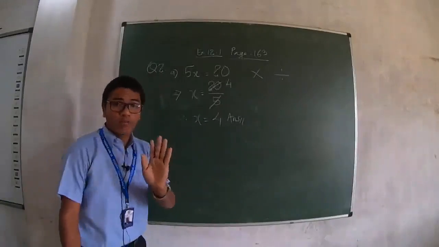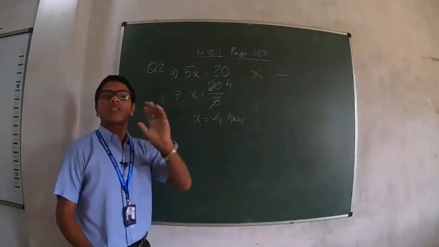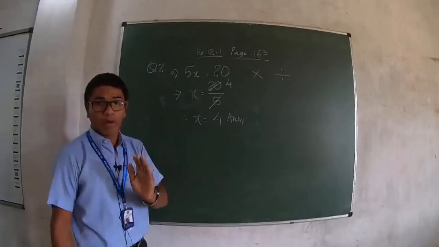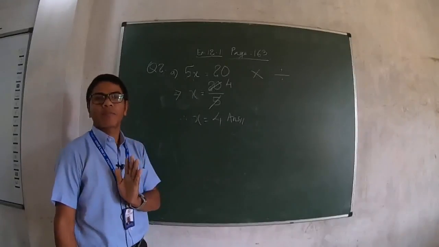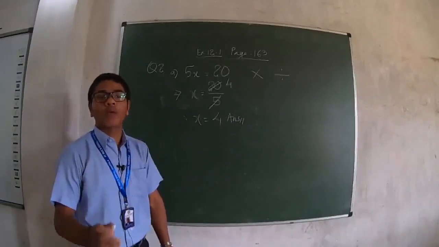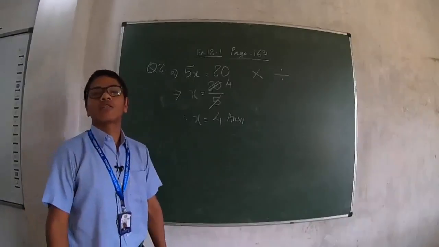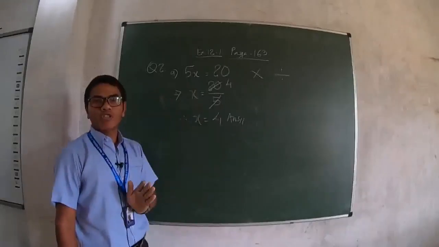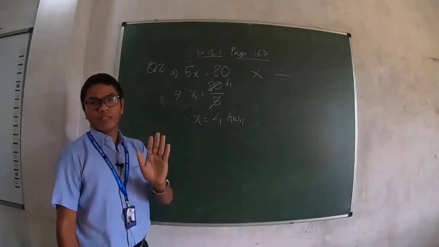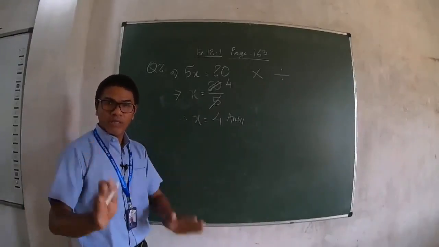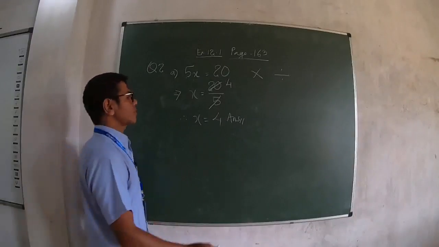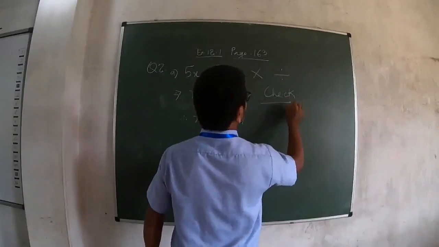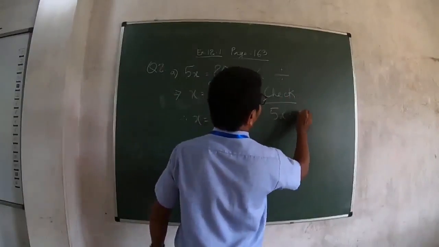Checking is optional. It is not necessary to check, but I showed you how to check to prove the answer is correct, because we always want to find the correct answer. So children, on the right side of your exam, you check answers to make sure you are 100% correct. So let's check again. 5x equal to 20.